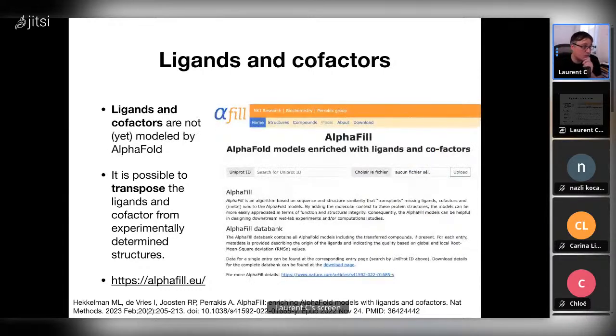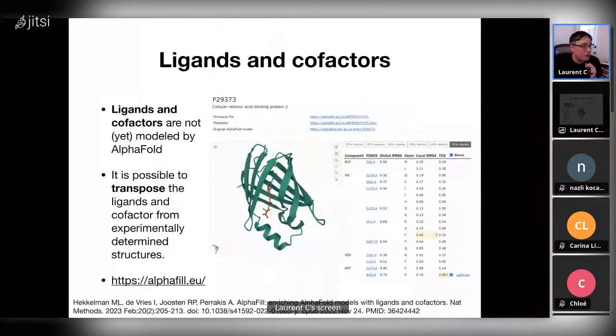It's very easy to use this software. You just have to enter either a UniProt ID or your structure of interest. It will look for proteins with a certain degree of sequence identity, see what compounds are bound by these proteins, and allow you to transpose these ligands.